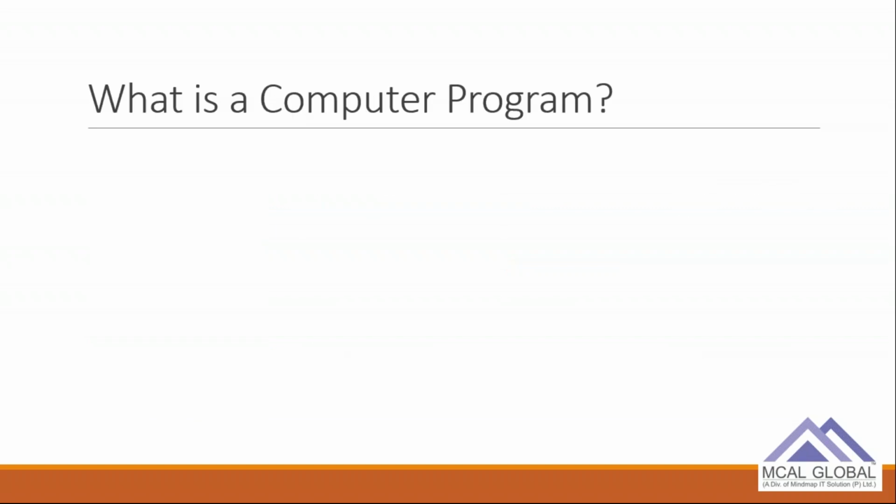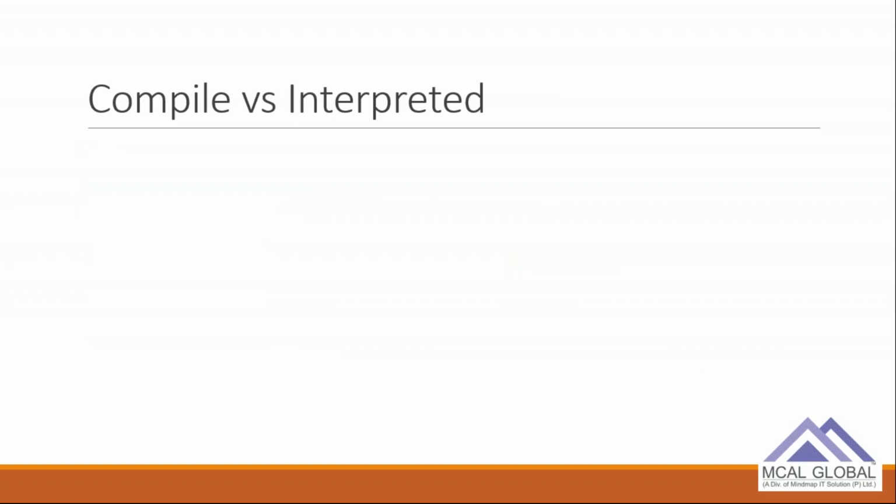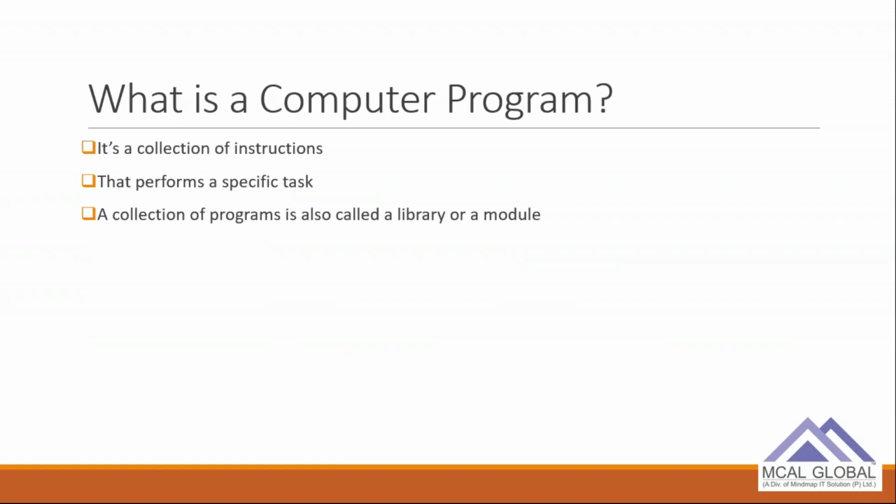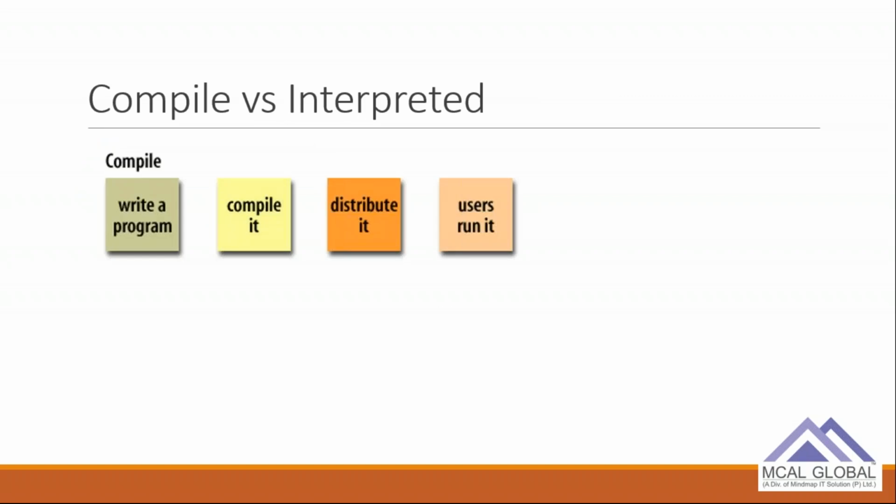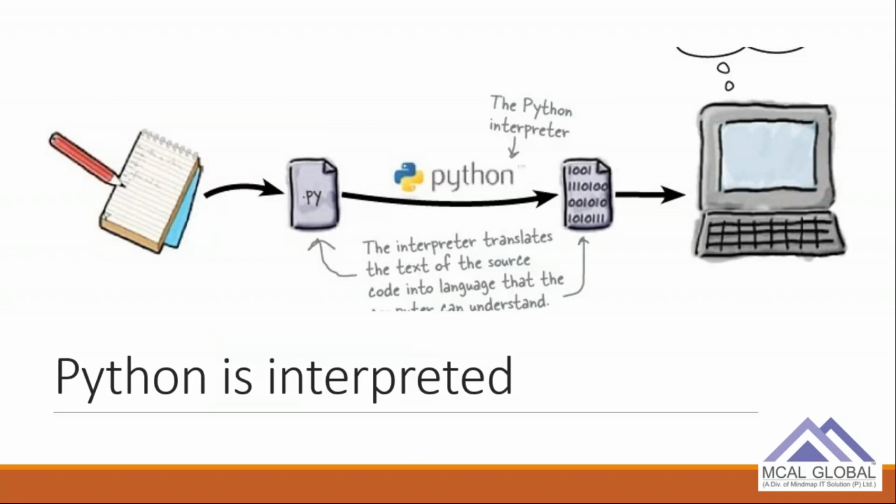This is how it came up to speed. Okay, so I don't think I need to spend much time on this. These are basic definitions. Compiler versus interpreter: a compiler is something which converts the language into a language that the machine understands. An interpreter does it directly on the fly, so I need not spend much time on this. Python is an interpreter. Okay.